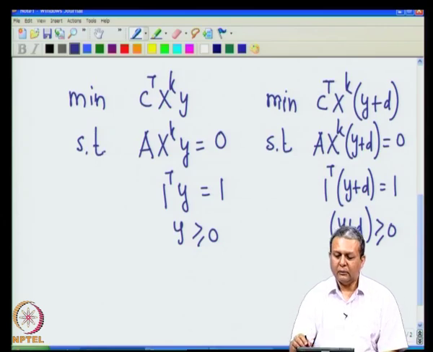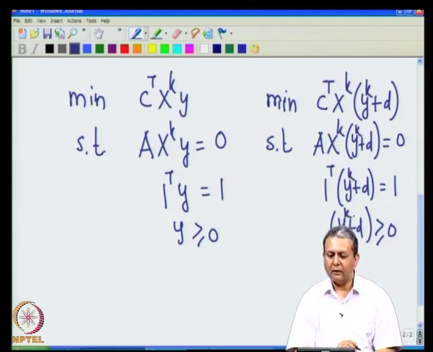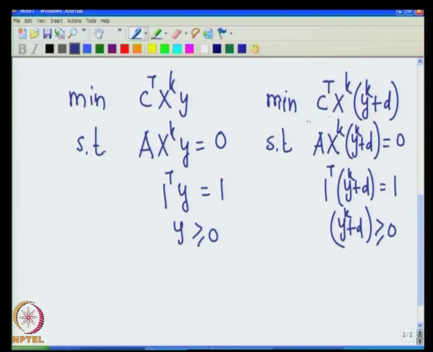Now, C transpose xk y, it should be yk, because yk is the current point. So, C transpose xk yk is a constant quantity. So, we will be interested in minimizing C transpose xk d subject to A xk d equal to 0, 1 transpose d equal to 0 and d greater than or equal to 0.